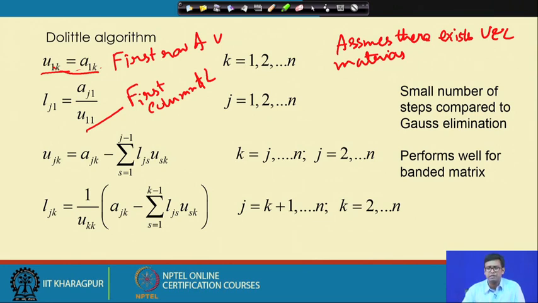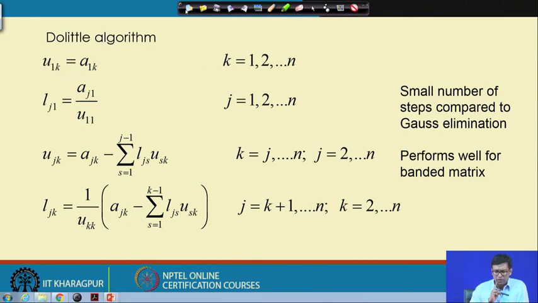If the matrix is well banded, with few diagonal terms and the remaining terms 0, these operations are very small for a large matrix system, the number of steps is less than the Gauss elimination steps, and it can give us a fast solution. So, this is Doolittle's algorithm for LU decomposition, where U is a member of the upper triangular matrices and L is a member of the lower triangular matrices.